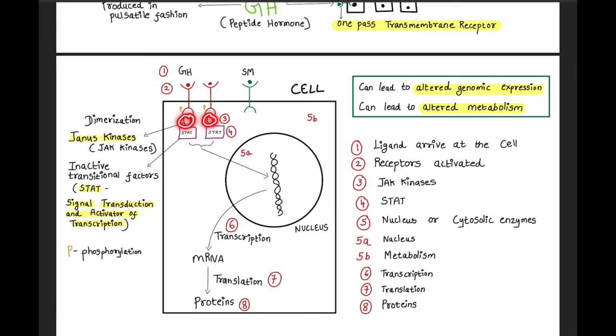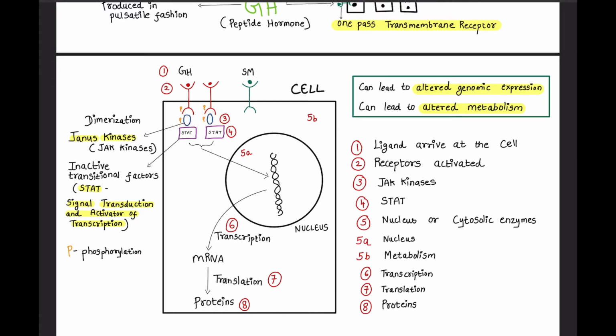The full form of JAK is Janus kinases, so we call it JAK. This JAK kinase in turn will lead to the phosphorylation of the one pass transmembrane receptor and the phosphorylation of JAK kinase itself.